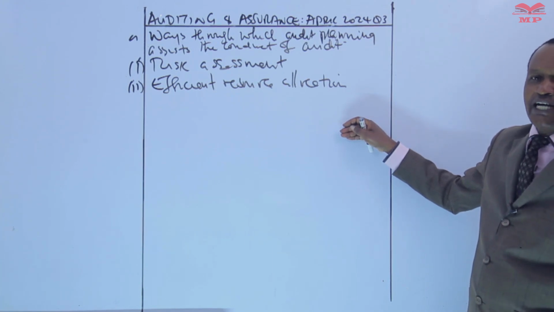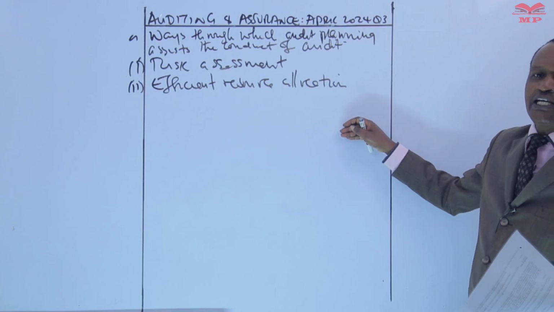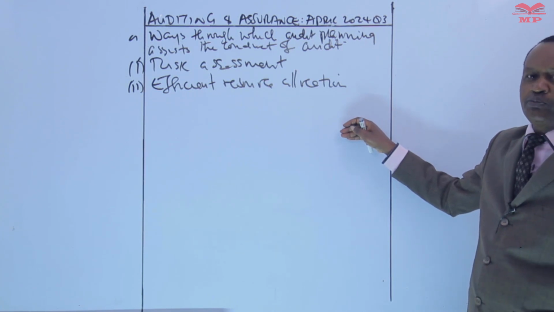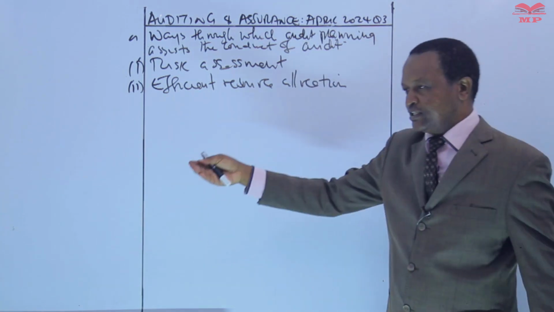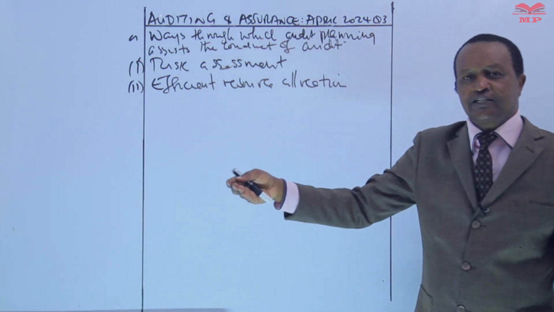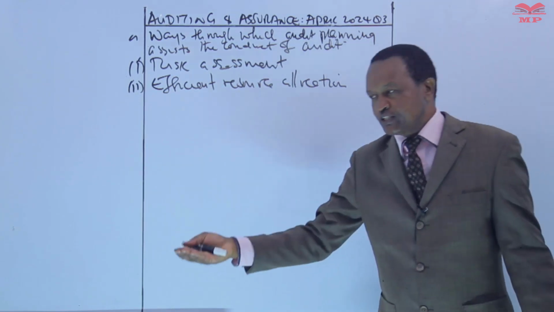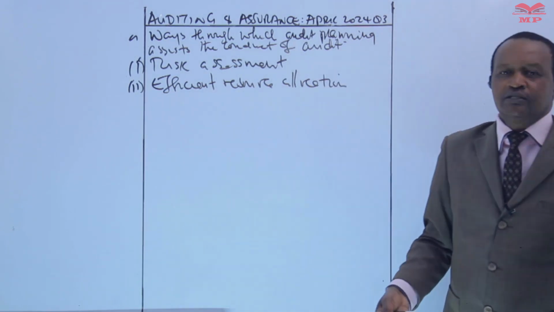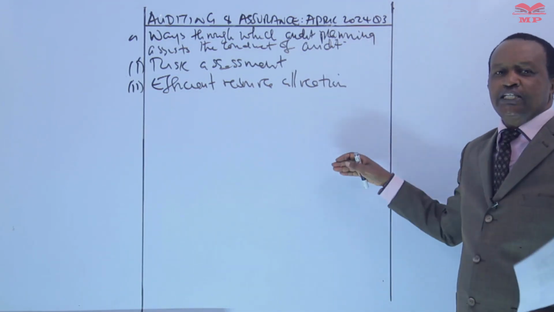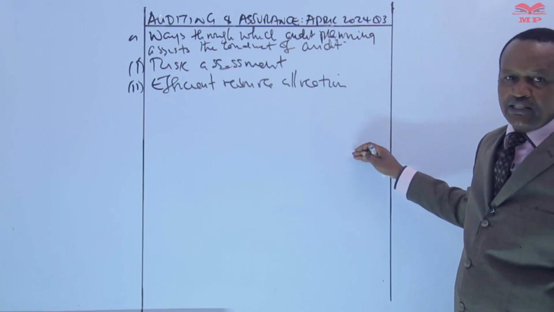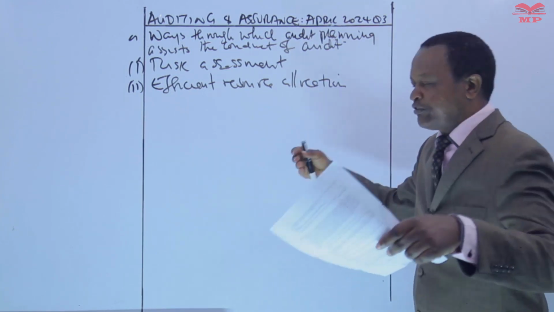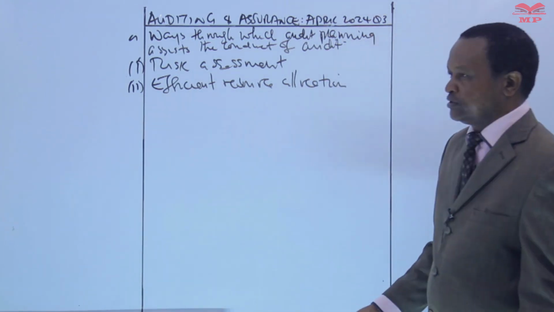By estimating the time and the effort required for different audit procedures, they can assign the right personnel with necessary skills to each task. And that optimizes the use of resources, ensuring that the audit is completed within the budget and within the time frame constraint.